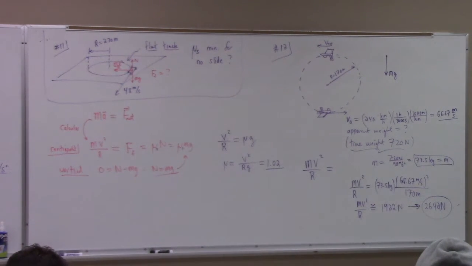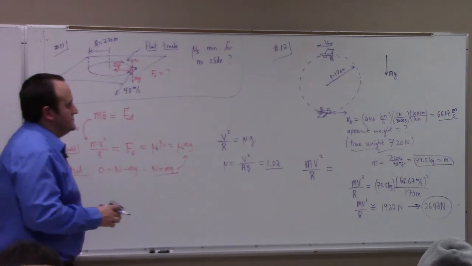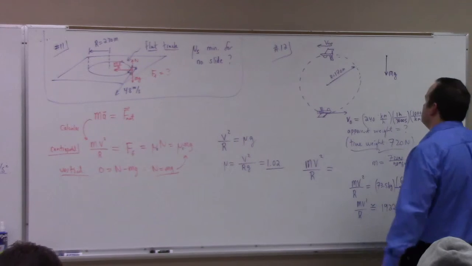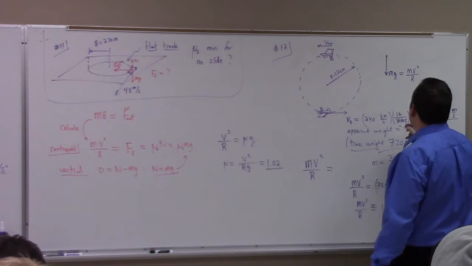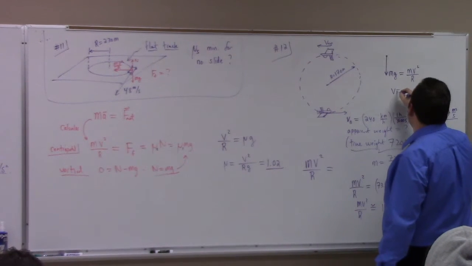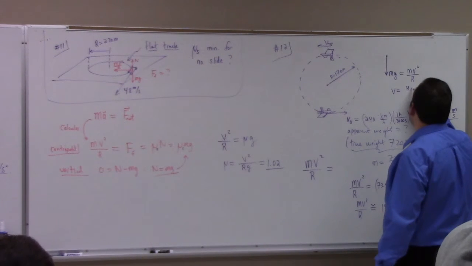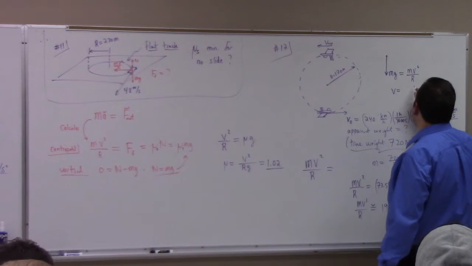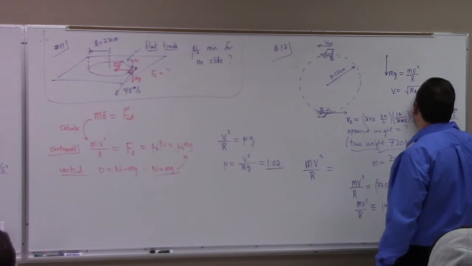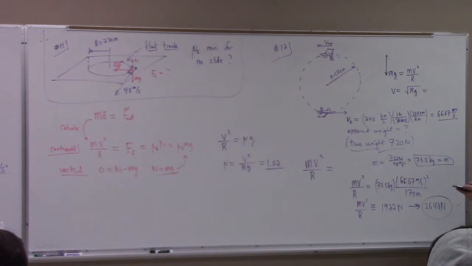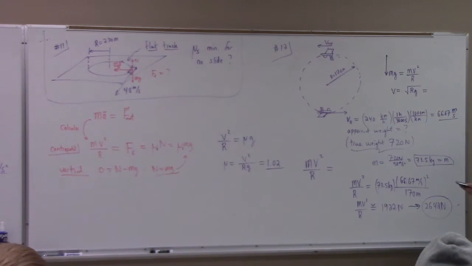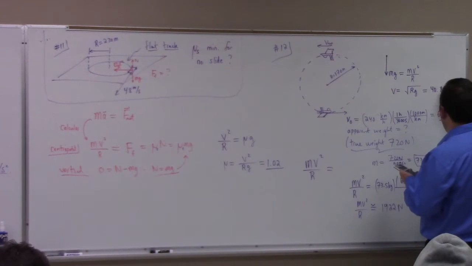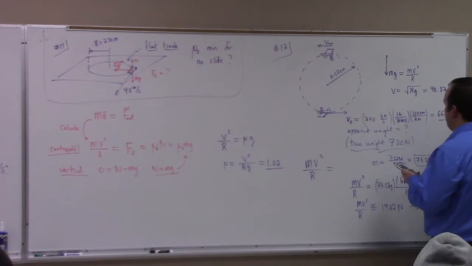So at the top it says he feels weightless. What would that mean? I think so, right? And so that would be V is what? Square root of RG. So let's see, that would be 40.82 meters per second, but what units are we asked to give our answer in?